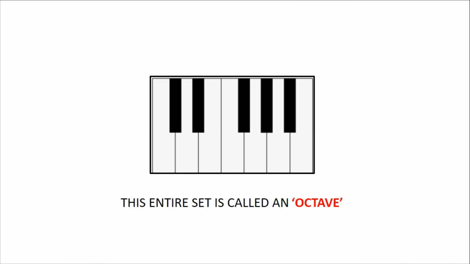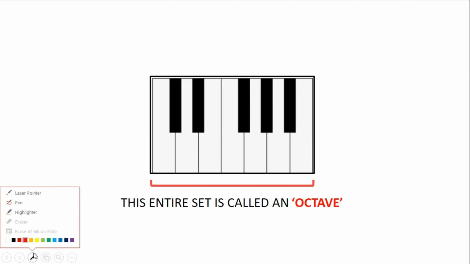Now, this entire set is called an octave. It starts from this note, wherein there is a white key before the set of 2 black keys, and the white keys after the set of 3 black keys.